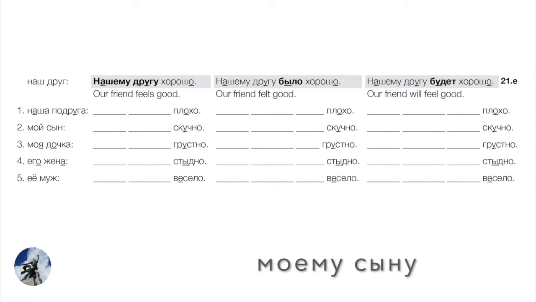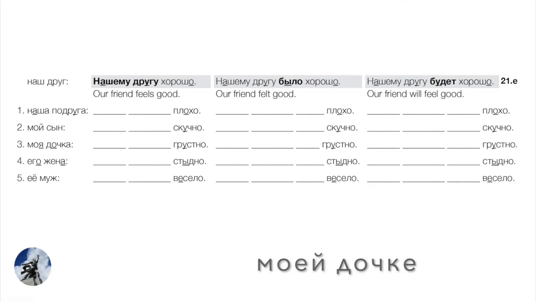My son will be bored or feel bored. Моему сыну будет скучно. Number three, моя дочка. Dative will be моей дочке. She's sad. Моей дочке грустно. She was sad. Моей дочке было грустно. She will feel sad. Моей дочке будет грустно.